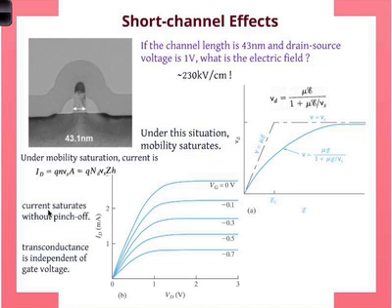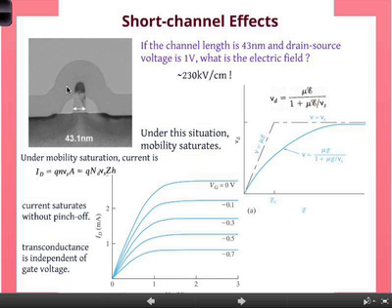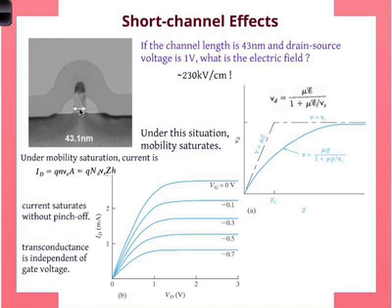Imagine a situation as shown here where the channel is so small that you may not need lots of voltage here. You don't need a high enough voltage to actually do pinch off. You can have saturation happening just from the mobility, which is a good thing because you can apply lower voltage on the gate, which means that you have potentially lower capacitance, as you will see, and you can switch things faster. Because remember, the gate is a control.